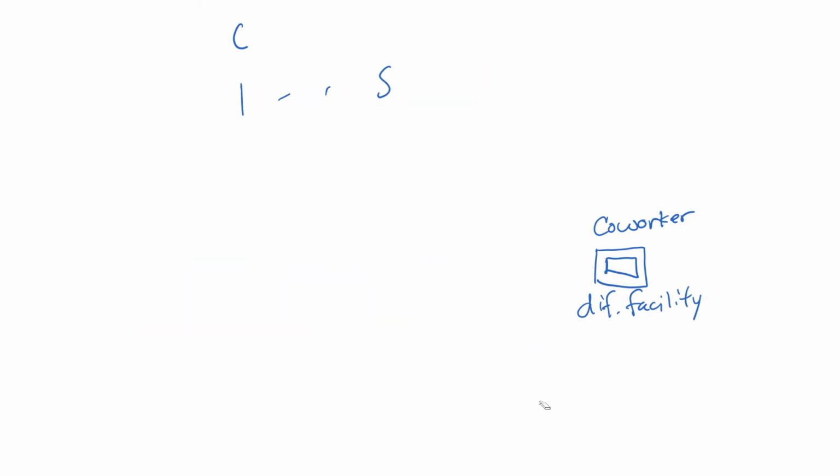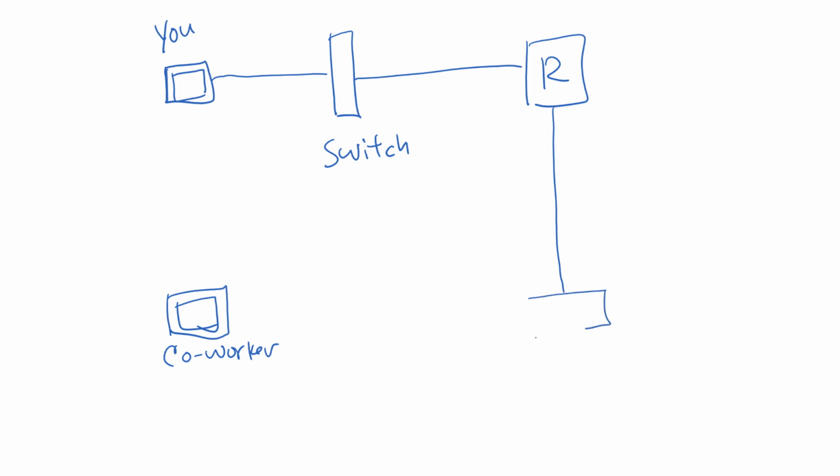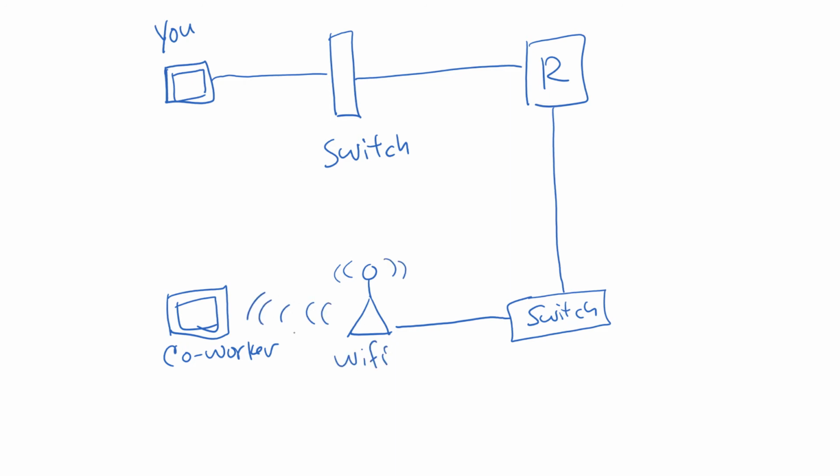To draw that in more detail, let's say this is you, and this is your coworker, and it looks like this. Switch, R for router, switch, Wi-Fi to your coworker's computer, and you're sending a message this way, okay?